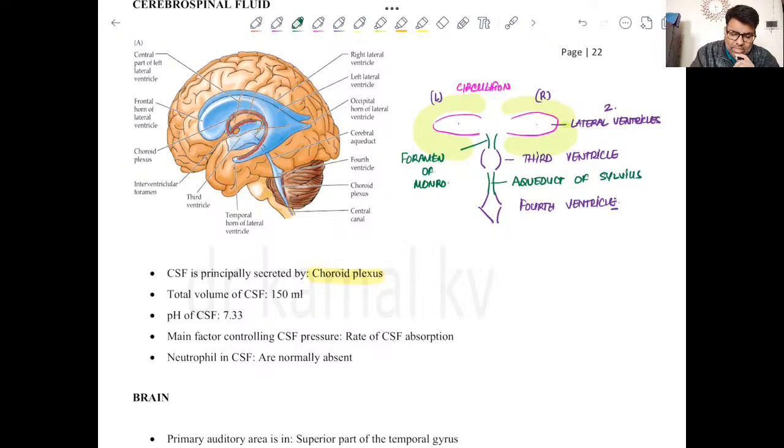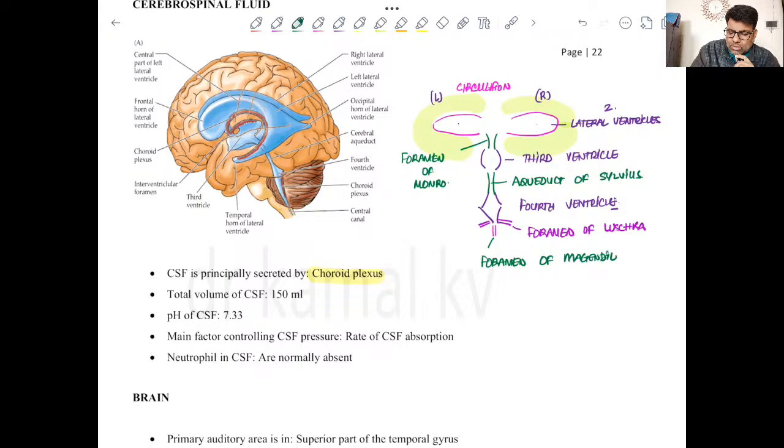Now the fourth ventricle has a central channel and two lateral channels. Clear? So these lateral channels are known as foramen of Luschka, and the central channel is known as foramen of Magendie.